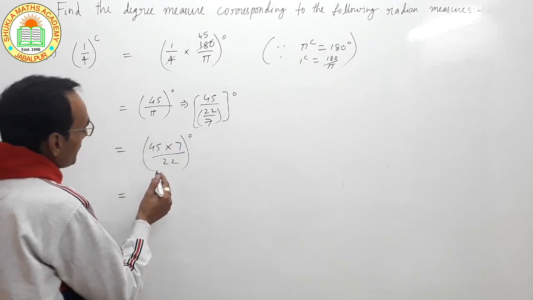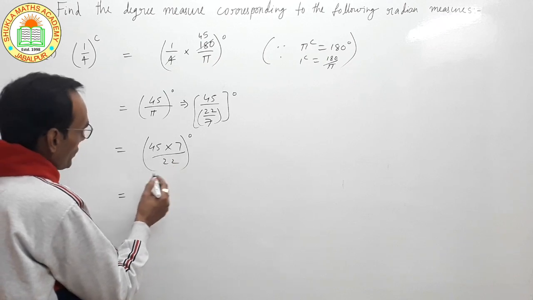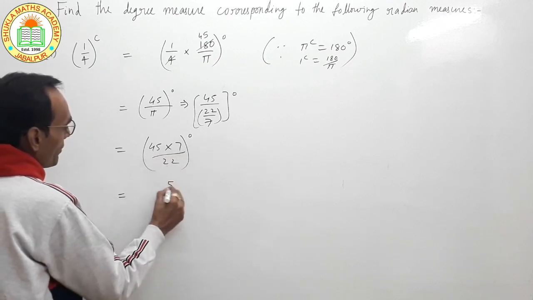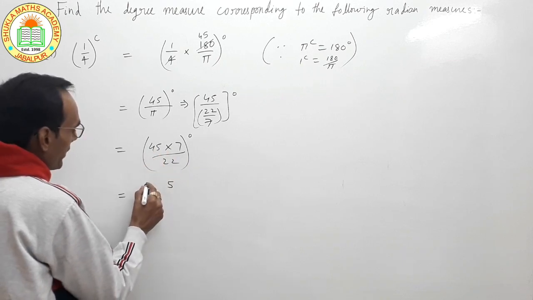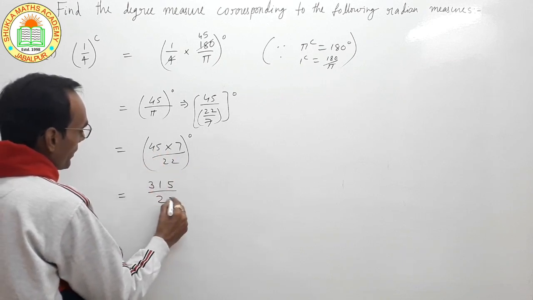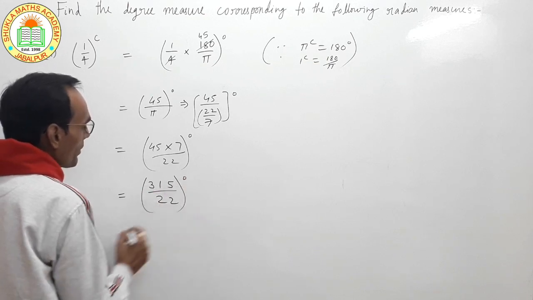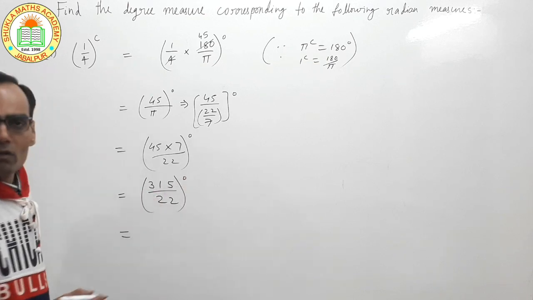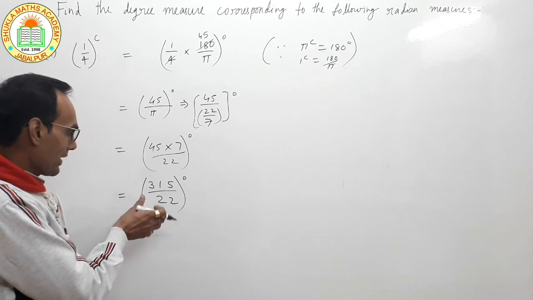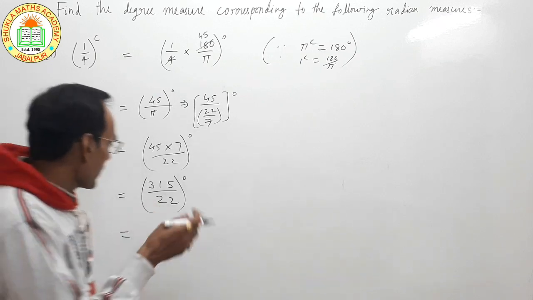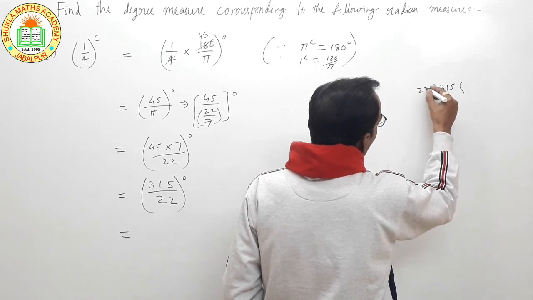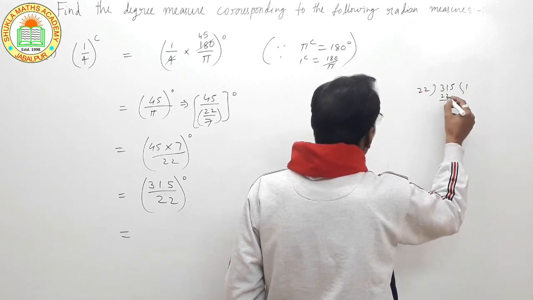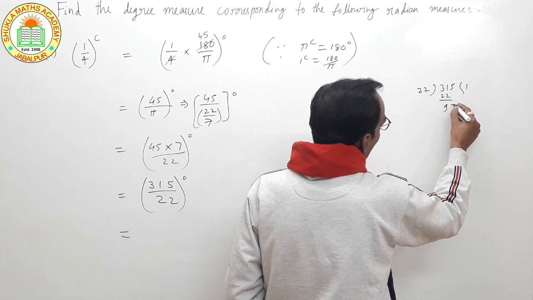So this is not crossing. Now multiply this: 7 fives are 35 and 3 carry, 7 fours are 28 and 3 is 31, so 315 by 22 degree. And now this is an improper fraction, so we must convert this fraction from improper form to mixed form by dividing 315 by 22. 22 ones are 22, that is 8 and 9 is remainder, so 5 here.